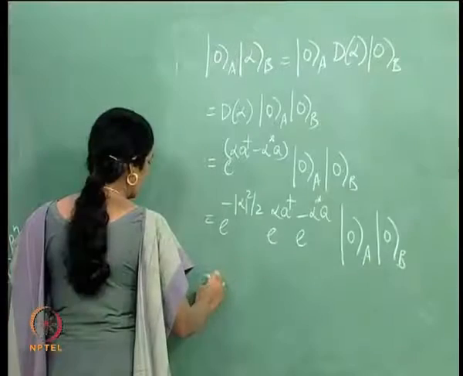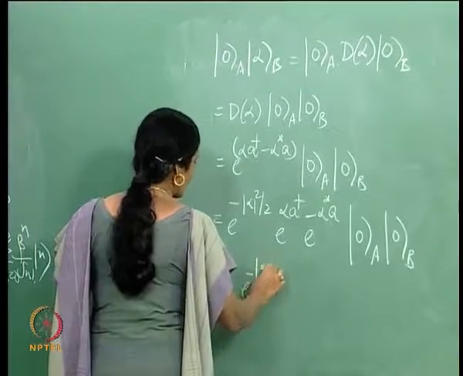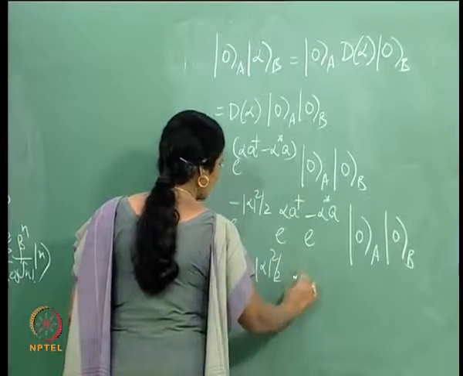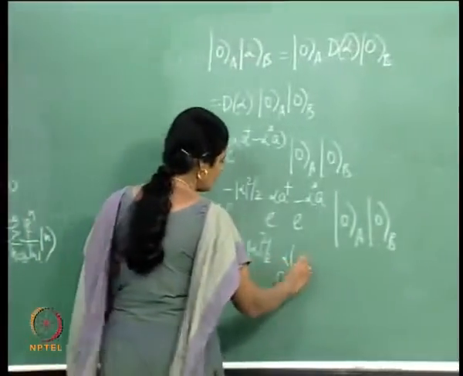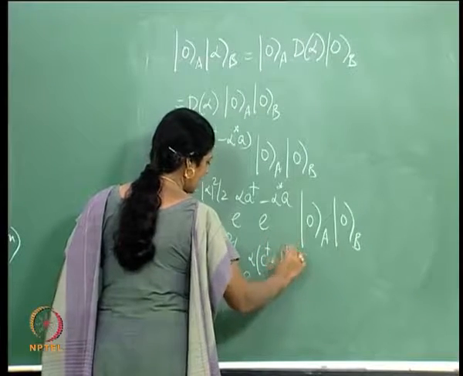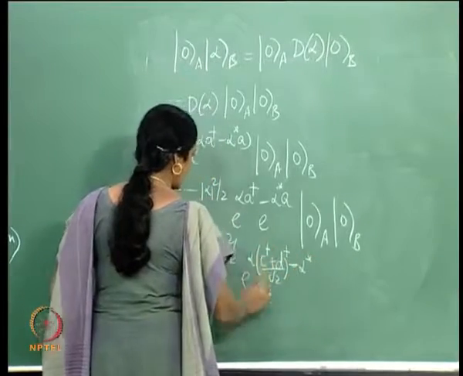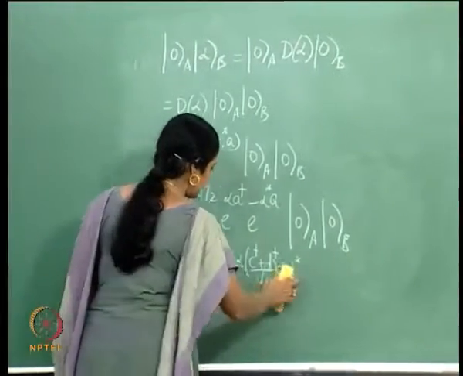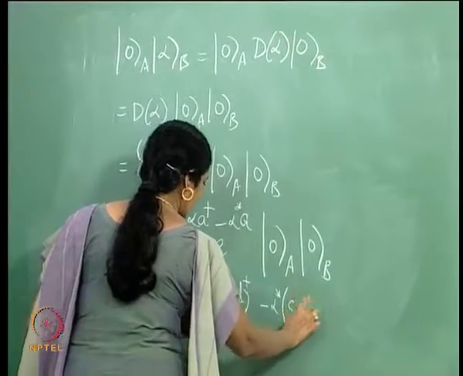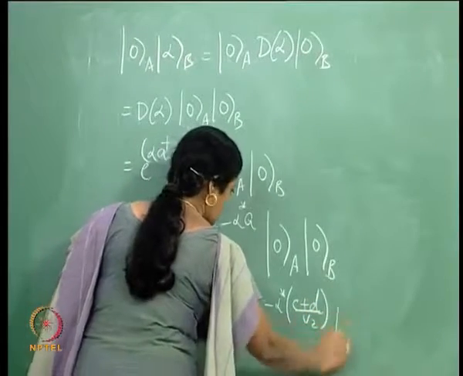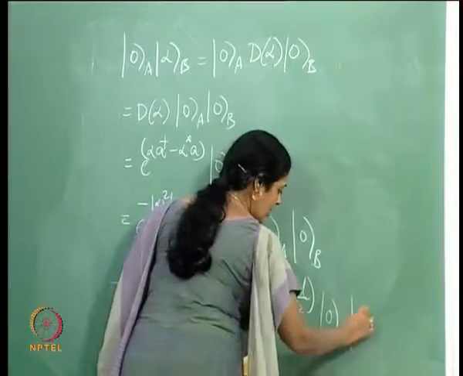So, basically, once it goes through the beam splitter, it is e^(−|α|²/2) e^(α (c† + d†)/√2) e^(−α* (c + d)/√2), and this acts on |0⟩_A |0⟩_B, but that is the same as |0⟩_C |0⟩_D.